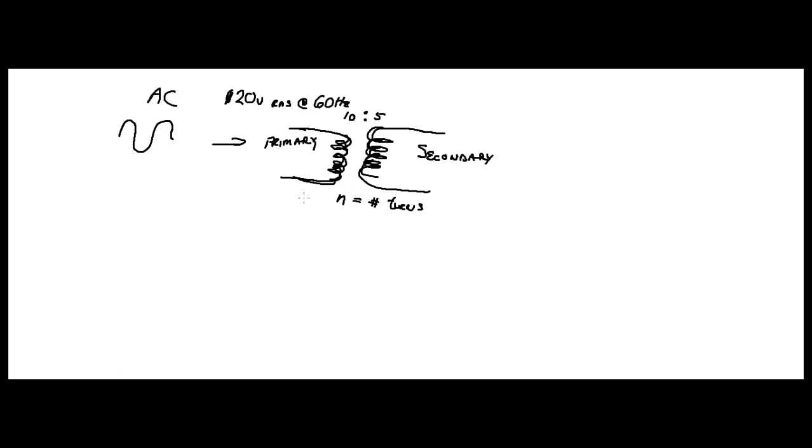So the turns ratio is defined as, and this is via IEEE, okay, the number of turns in your secondary divided by the number of turns in your primary. All right?